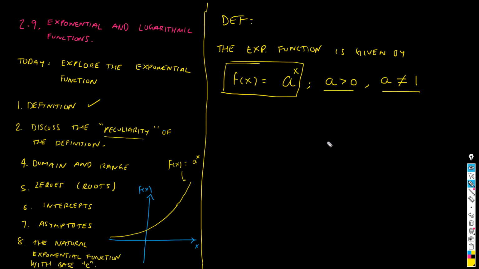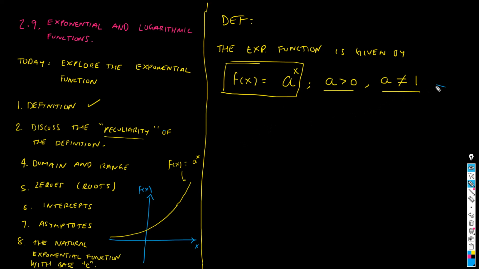Okay, everything has a reason in mathematics, and the reason is as follows. The reason some mathematicians, a lot of decades ago, decided against negative numbers in here, and also the possibility of this being equal to 1 is the following.